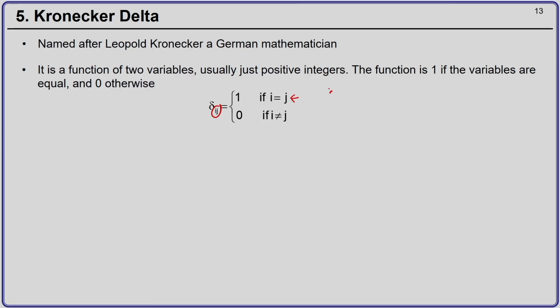Okay. And i and j will take values from 1 to 3. Therefore, delta 11 will be equal to 1, delta 22 will be equal to 1, and delta 33 will be equal to 1.